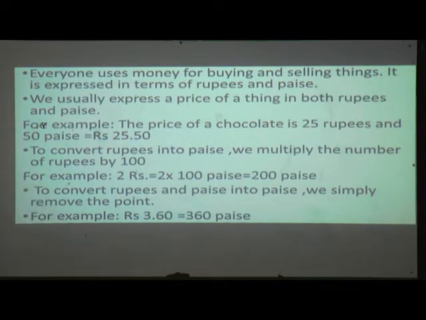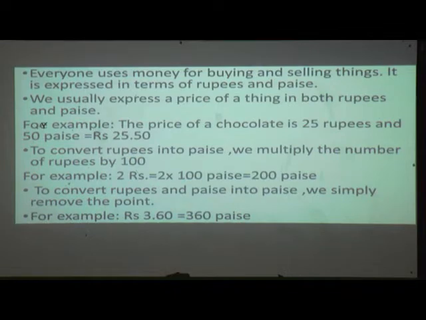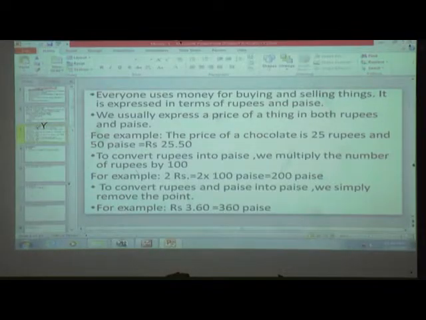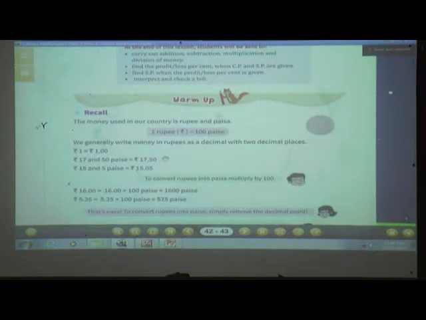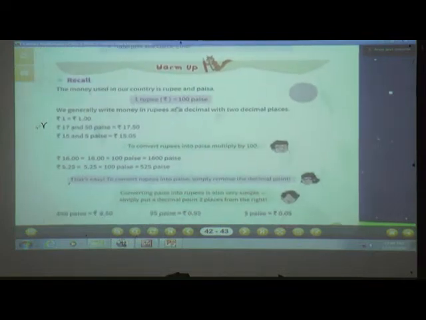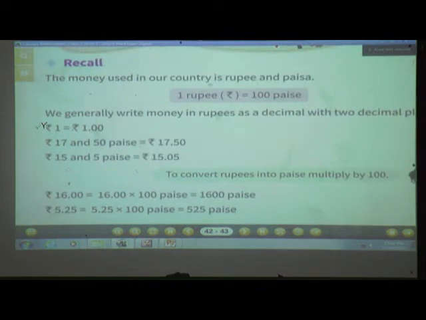All of you understood now, students? Now see here in the textbook, open page number 43. Here we'll see recall. The money used in our country is rupee and paisa.